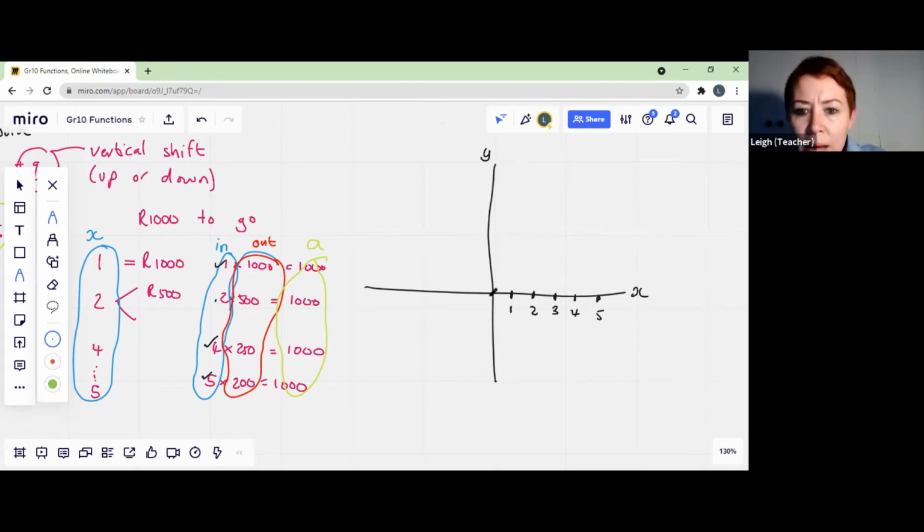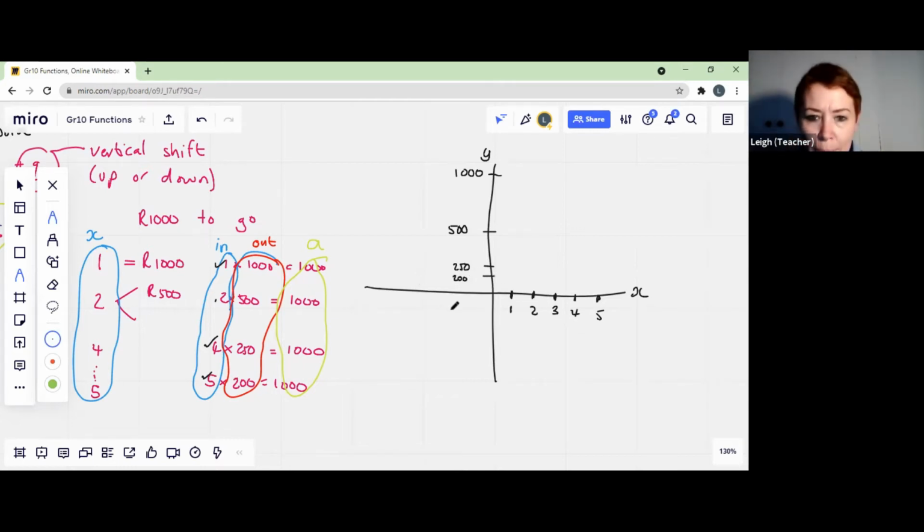So now my number line has to start at 0 over here, and I've got to get to 1,000 up at the top. So 500 is halfway in between, and 250 is halfway in between that, and 200 would be just a little bit smaller.